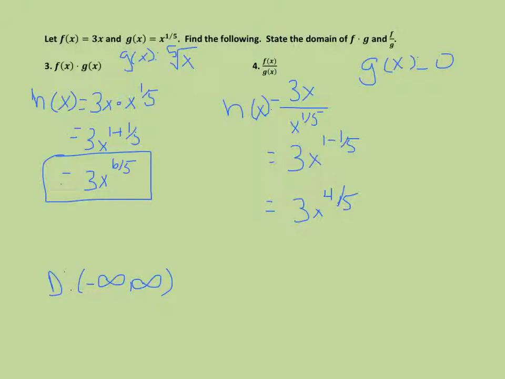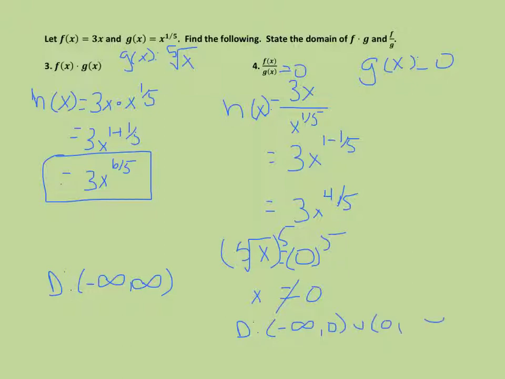So when we go for our domain, set g of x equal to 0. The 5th root of x is equal to 0. How do I solve that? Go to the 5th power so you get x equals 0. That's what's bad, because if this equaled 0, doesn't that mean you'd be dividing by 0, and that's bad. So now we would say our domain is negative infinity to 0, union 0 to infinity. Okay? Or all real numbers except x cannot equal 0.